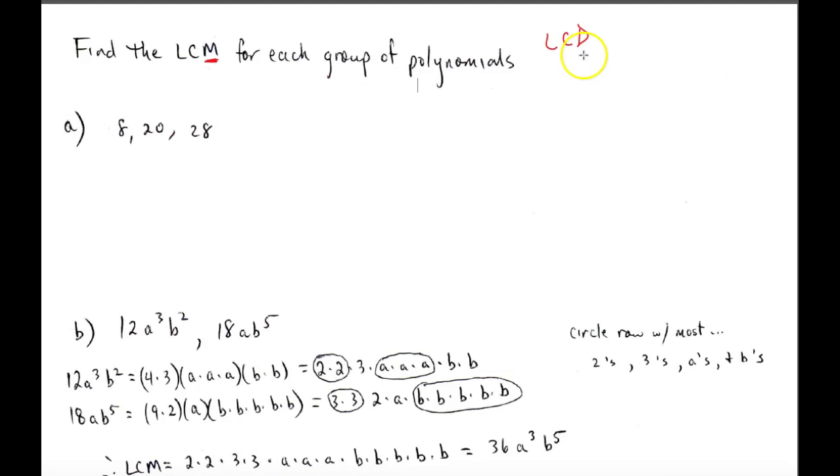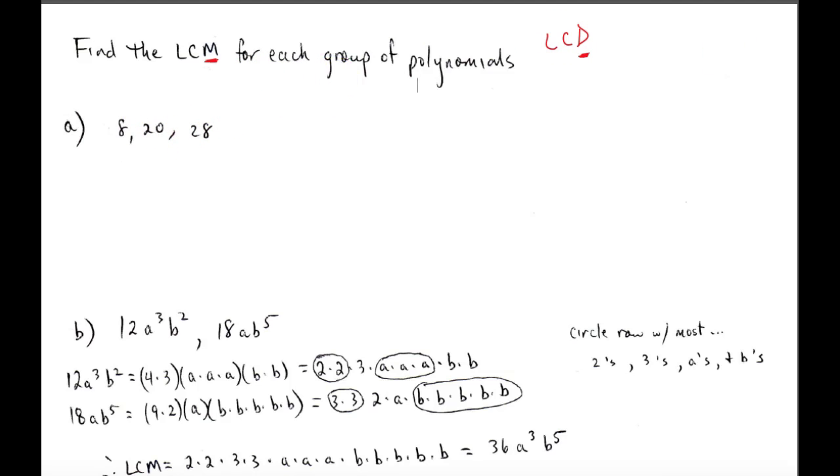When we use least common denominator, it's specifically for the case of adding or subtracting rational expressions. So we want to find the least common multiple for these particular numbers or expressions. The least common multiple is the smallest number that all of these can divide into without having a remainder.